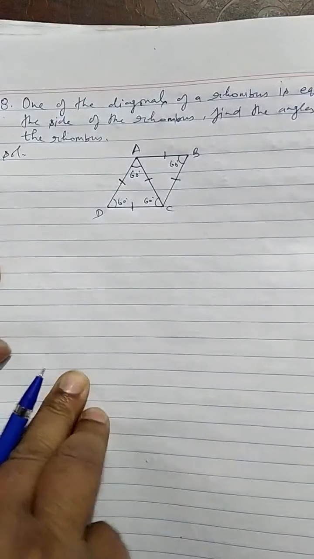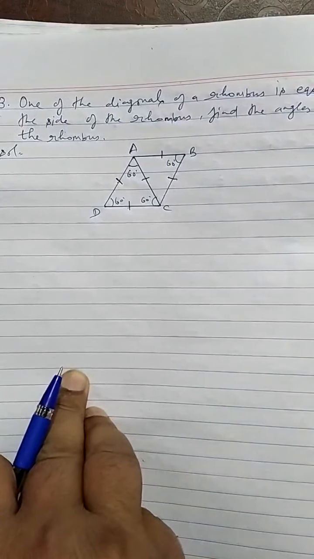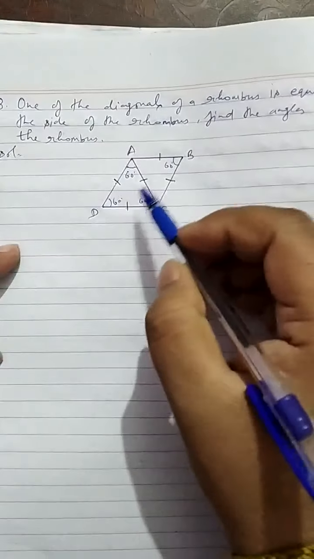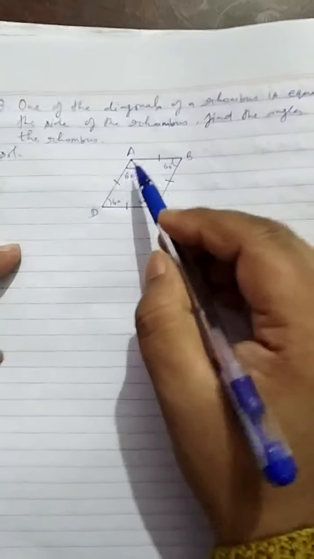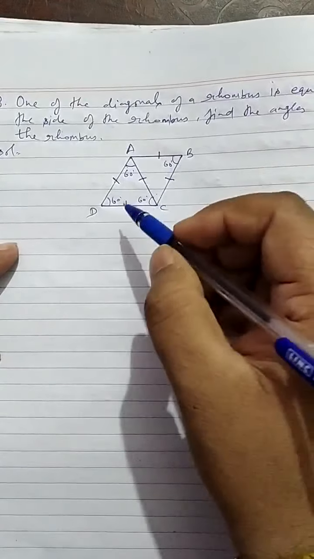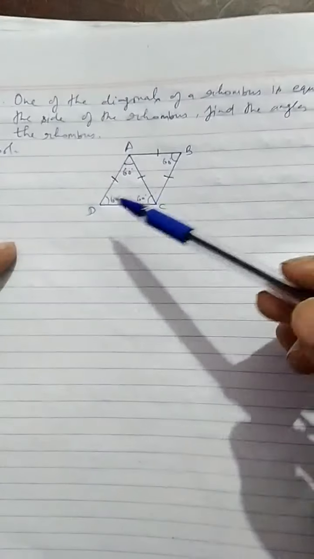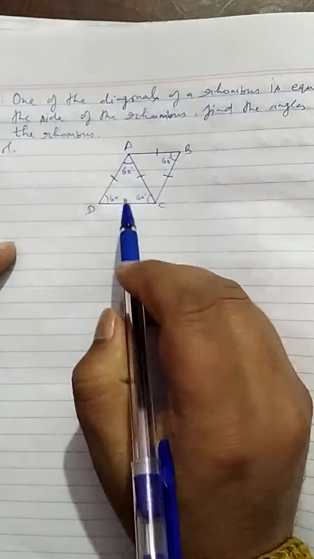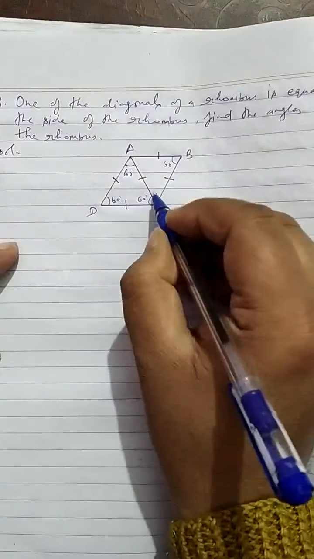So using the interior alternate angles rule, we can say that this 60 degree will be copied here, because we can see that there is a Z shape, D, A, C, B. So this 60 will be here.